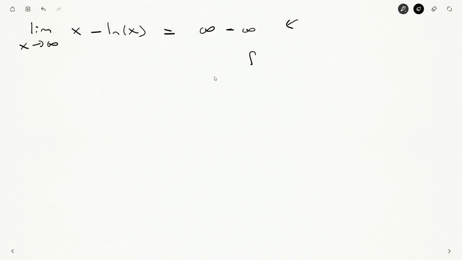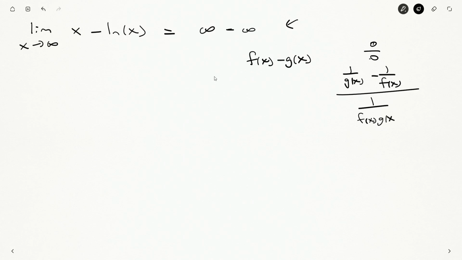If I've got f of x minus g of x going to infinity minus infinity, and I want to convert it to 0 over 0, I do 1 over g of x minus 1 over f of x, all over 1 over f of x g of x. Now that might seem complicated, but if that's the only thing we can do, then that's the only thing we can do. Now in this case, my f of x would be x, and my g of x would be ln x.